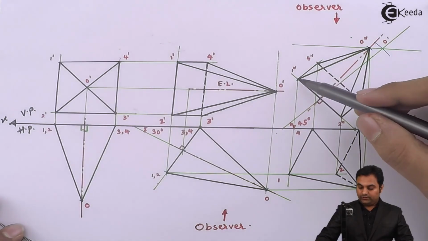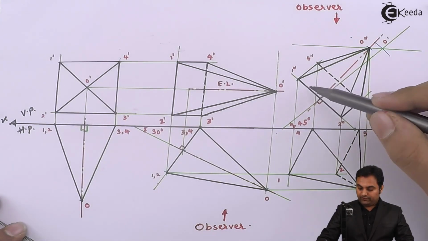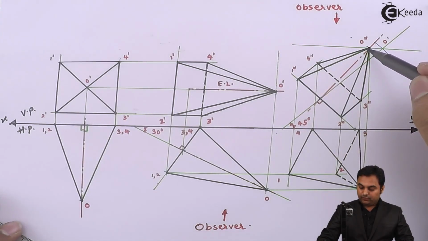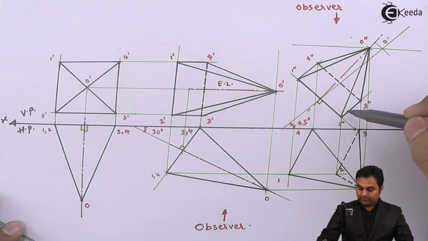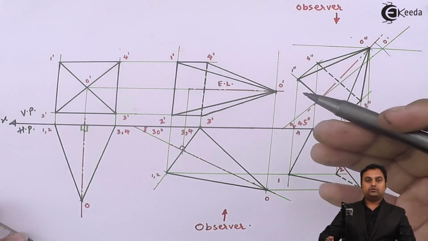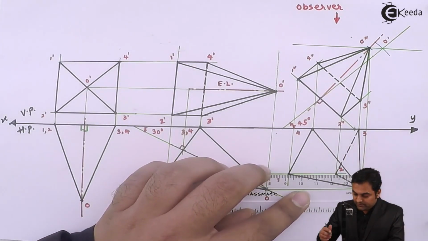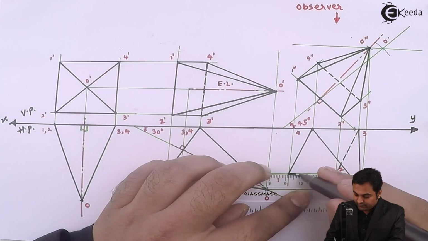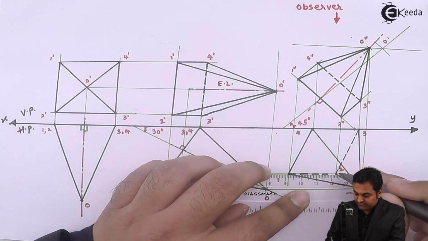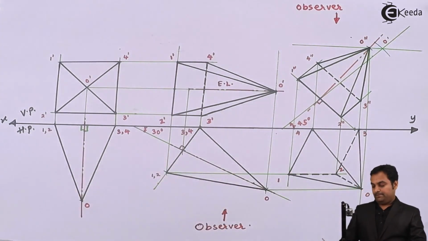Next, edge 1 to 2. For that, here the triangular face is O double dash, 1 double dash, 2 double dash. That triangular face is also going behind the observer, so again that will be hidden. It means out of the 4 triangular faces, only 2 triangular faces are visible.